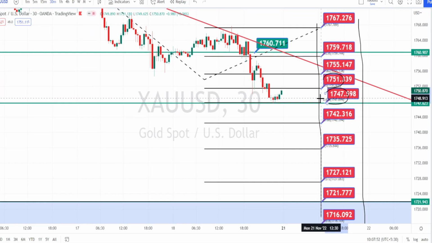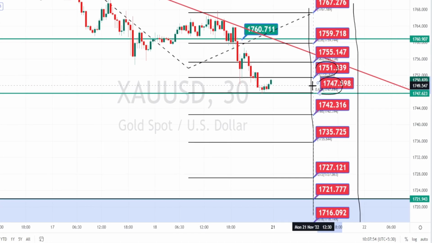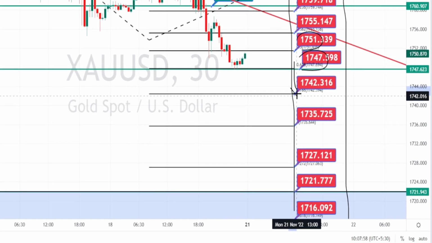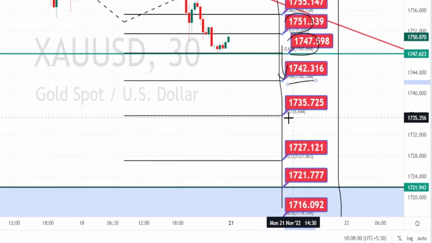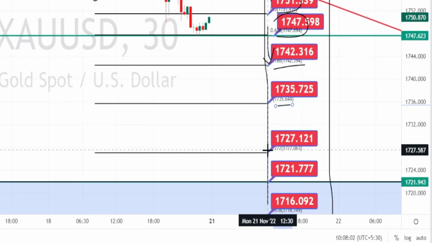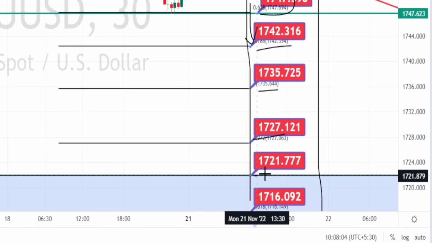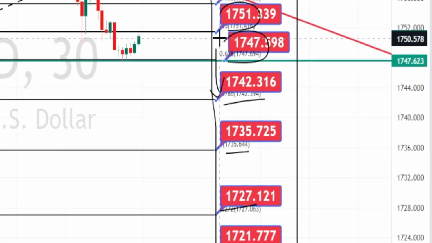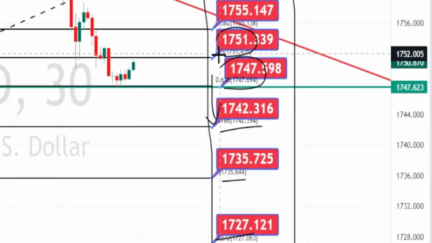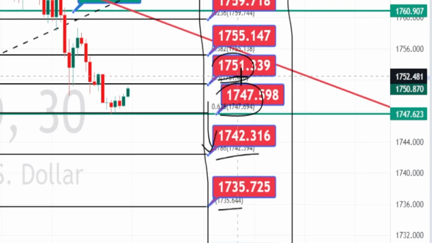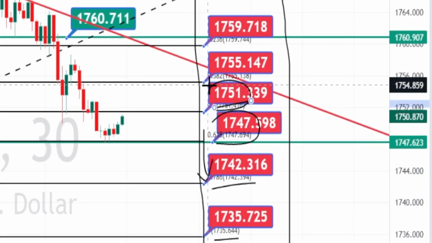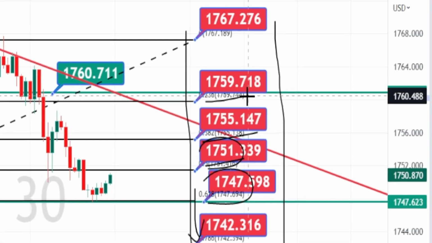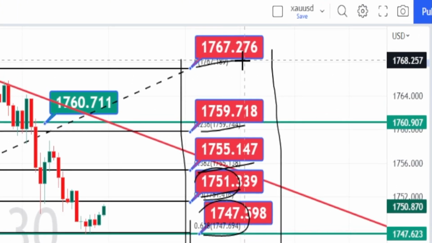If the price action breaks the support level of 1747, the next levels of support are going to be around 1742, 1735, 1727, 1721 and 1716. And on the bullish side, if the price action breaks the resistance level of 1751, the next levels of resistance are going to be around 1755, 1759 and 1767.